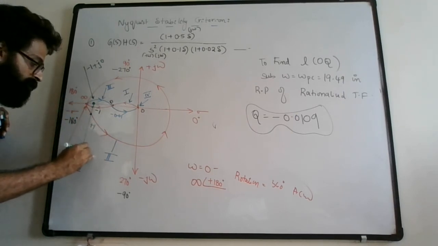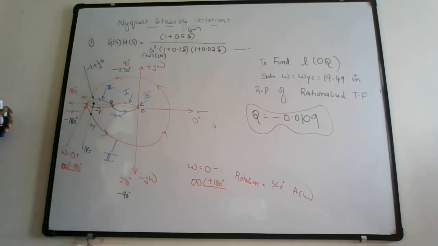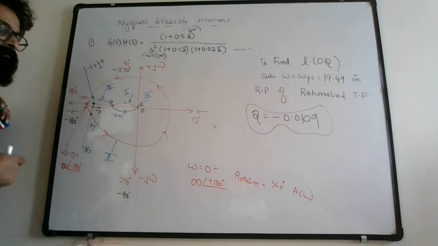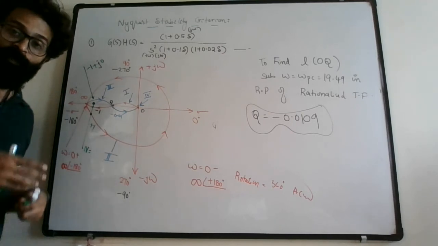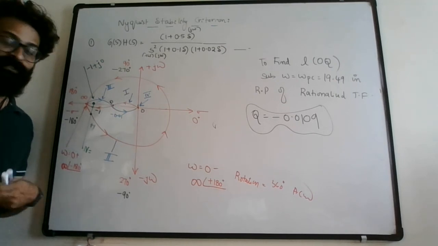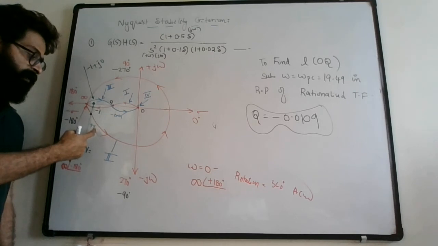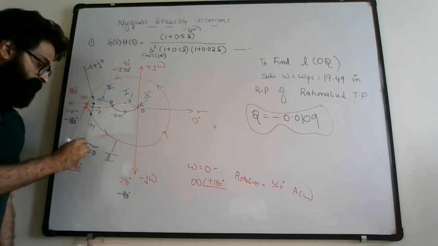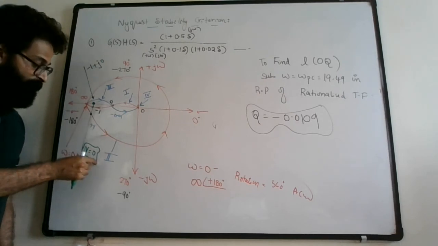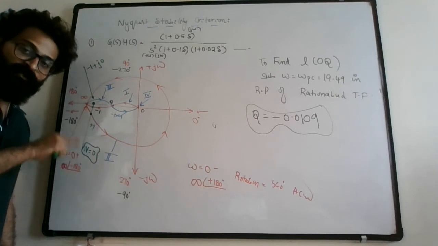So what happens to the number of encirclements n? The number of encirclements n is equal to the number of clockwise cuttings and number of anti-clockwise cuttings. So the sum, if you take out, you will get it as -1 plus 1, you will get it as 0. So from the Nyquist diagram, you have obtained the number of encirclements as 0.